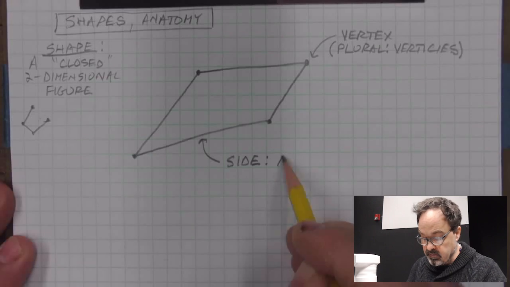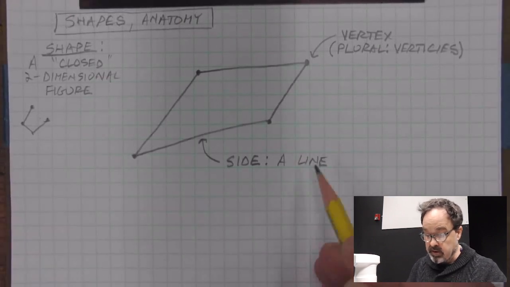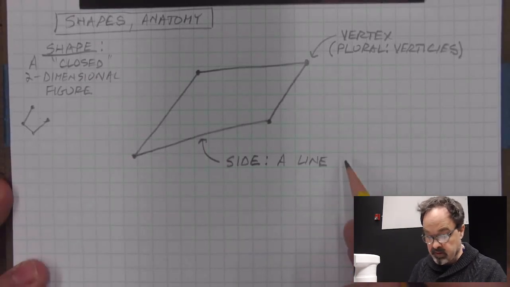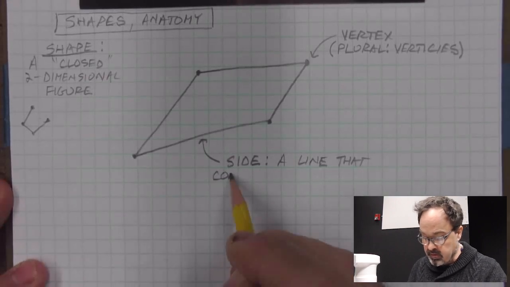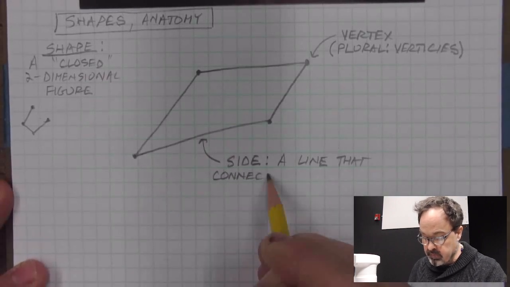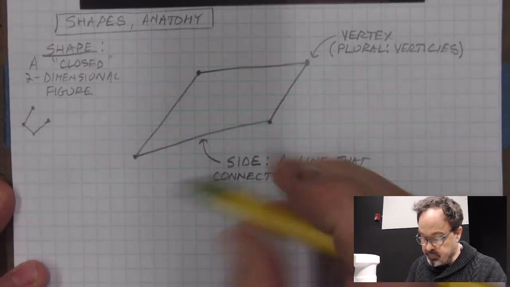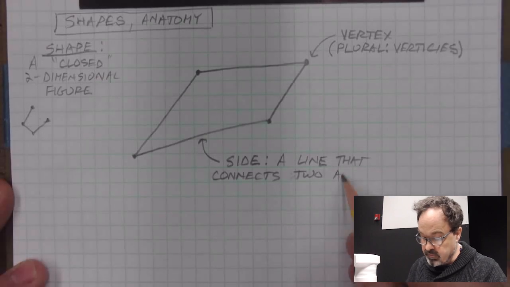And a side is a line, technically a line segment because it has endpoints, a line that connects two adjacent vertices.